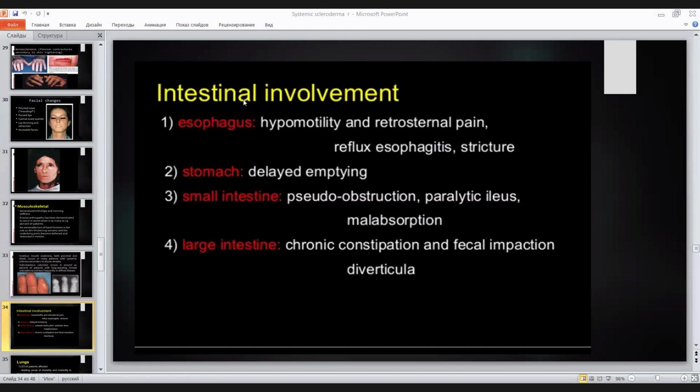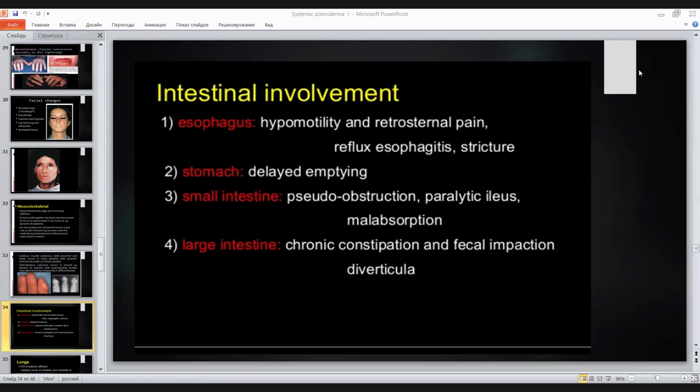The internal organs mainly start from the esophagus. The patient notices that there are some problems with the esophageal part of the GIT. They complain of some reflux. Of course, they can't say that they have reflux, but they explain that there are some problems and they can't eat food normally.